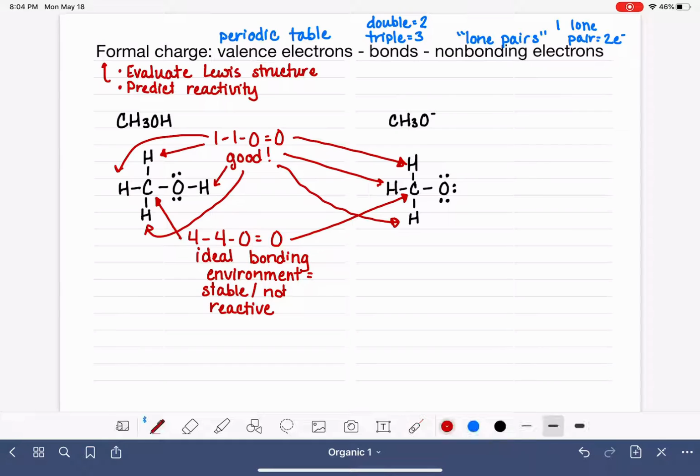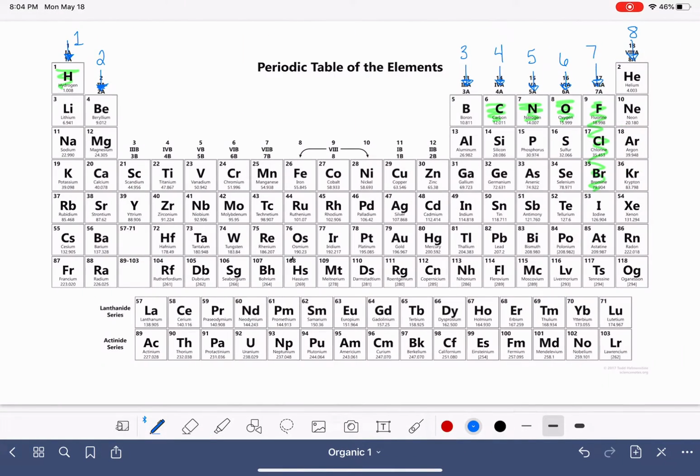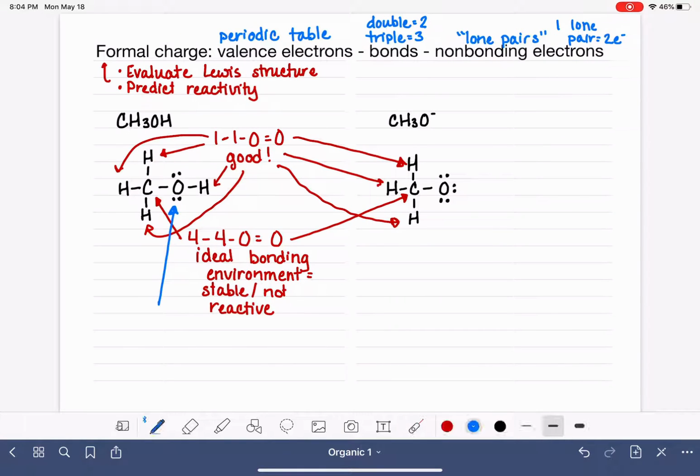So I'm going to switch colors here. For this oxygen right here, first thing we need to do is figure out what the number of valence electrons are. Let's go find it on the periodic table. Oxygen is right here, and it has 6 valence electrons. So this is going to be 6 minus how many bonds do we have? 1, 2, minus how many non-bonding electrons do we have? 1, 2, 3, 4.